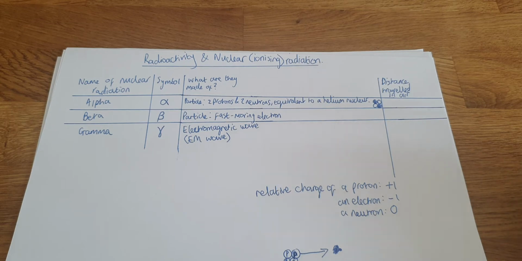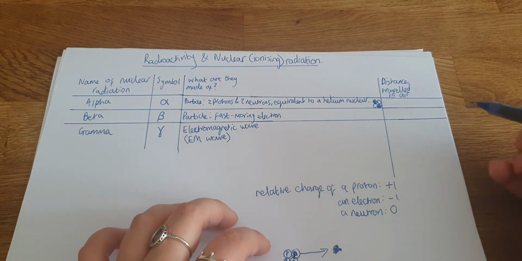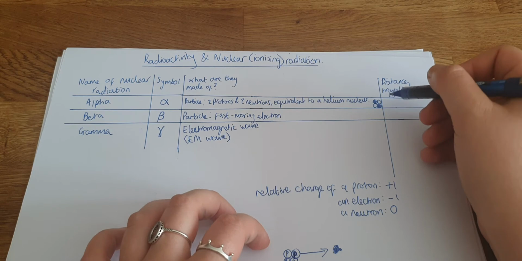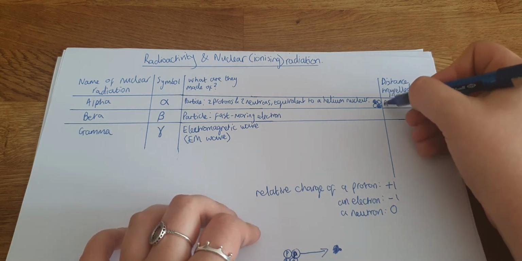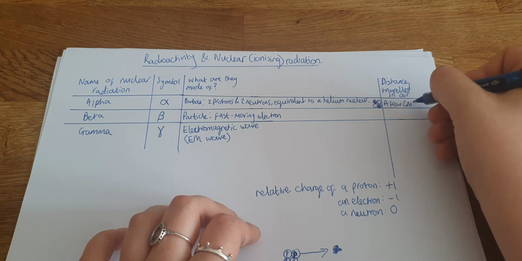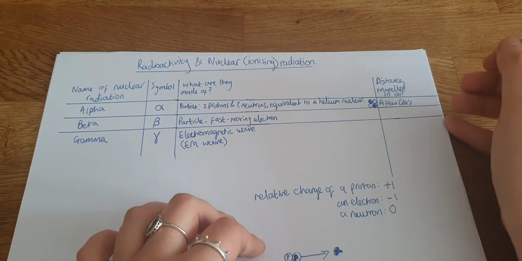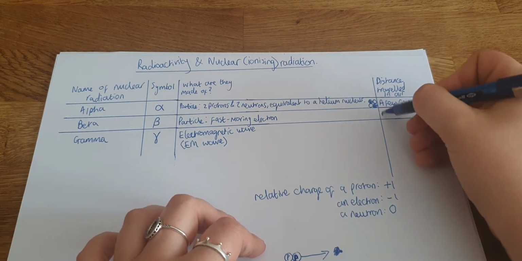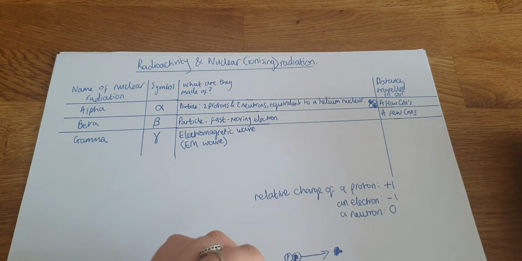It's quite big compared to the other two. Well, gamma obviously is a wave, but if you imagine 2 protons and 2 neutrons together is bigger than 1 electron. Quite a big difference, in fact. And so it's quite hard for it to go very far. So in air, we would say a few centimeters before it's stopped. Okay, then a beta particle, so my fast-moving electron, a few meters before it will be stopped. It's very, very small and it's fast-moving.